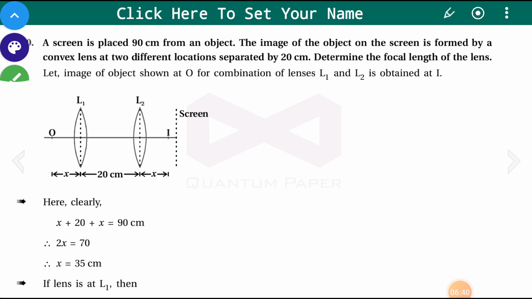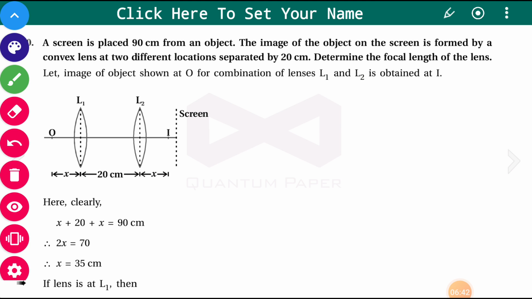Now the next numerical, 20. A screen is placed 90 cm from an object. The image of the object on the screen is formed by a convex lens at two different locations separated by 20 cm. Determine the focal length of the lens.